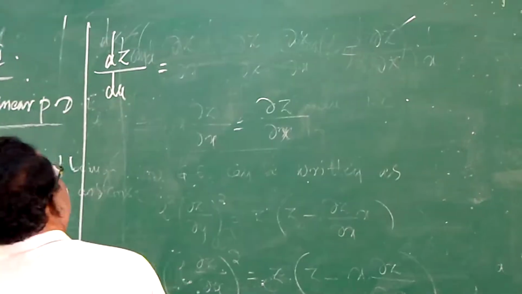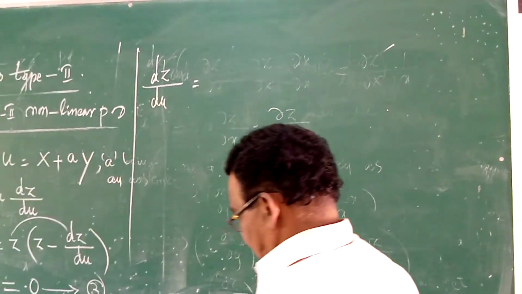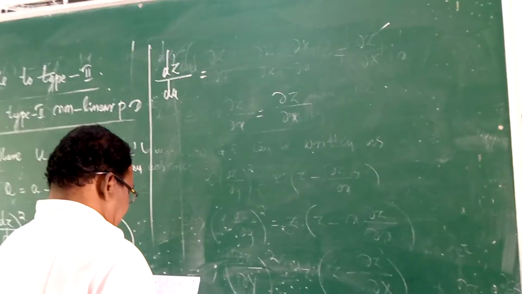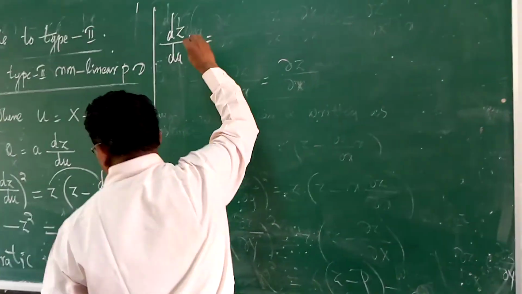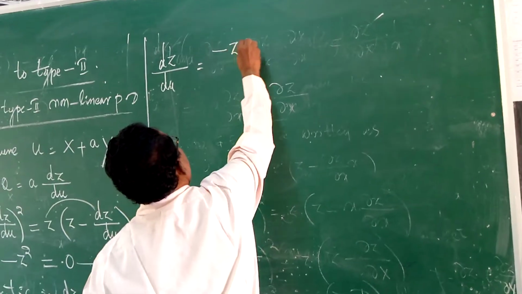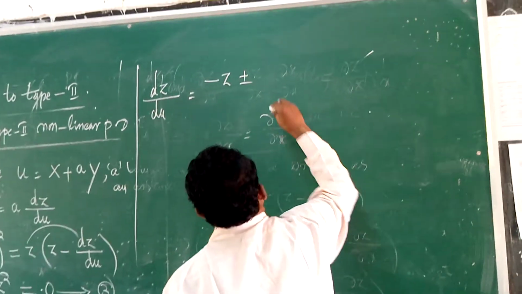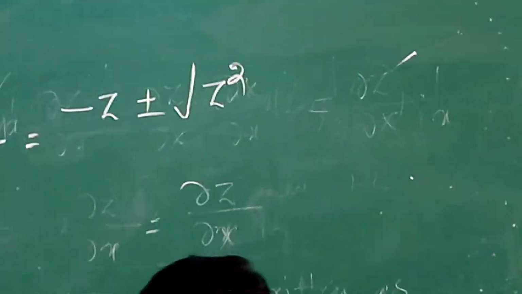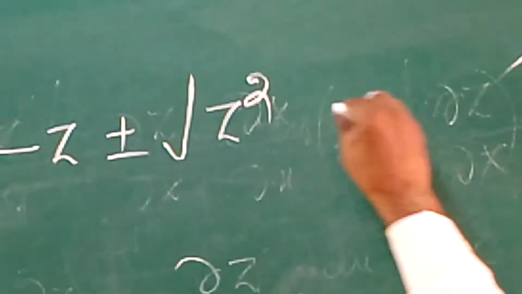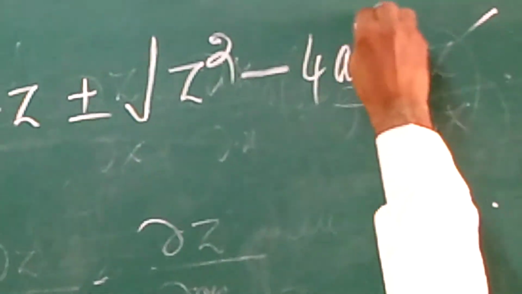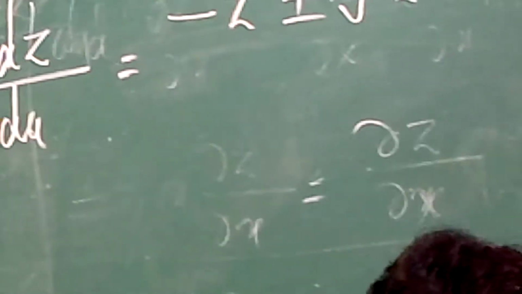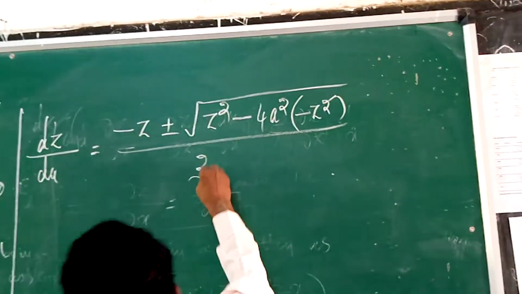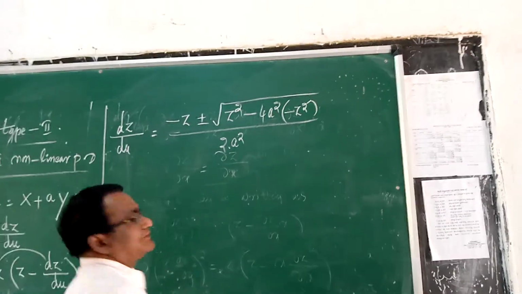Yes, therefore dz by du is equal to minus b, which is minus z, plus or minus root of b squared, that is z whole square is z squared, minus 4ac, minus 4 into a squared into c, that is minus z squared, divided by 2 into a squared.